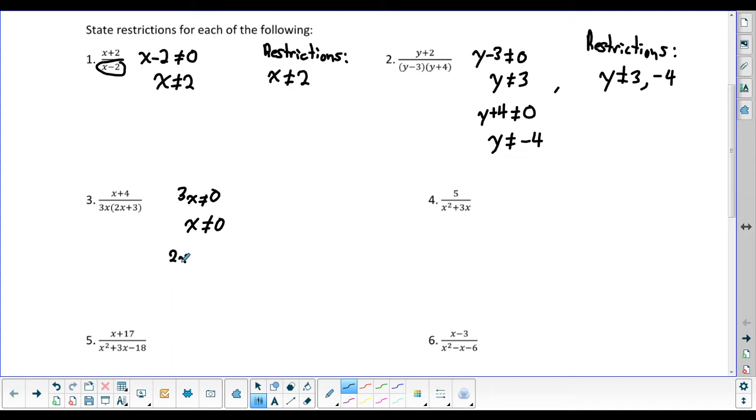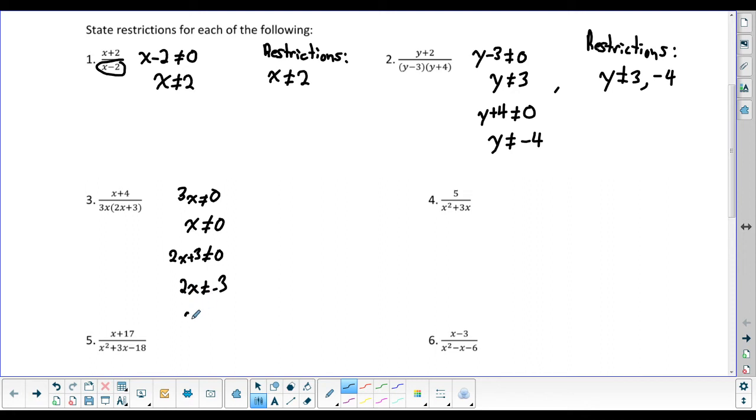This other one, we take the whole bracket. So 2x plus 3 cannot equal 0. To rearrange this one, we always want to do reverse BEDMAS. We move the addition and subtraction first, then deal with the multiplication and division, and then deal with exponents and brackets if there were any. So in this case, we get 2x cannot equal negative 3.